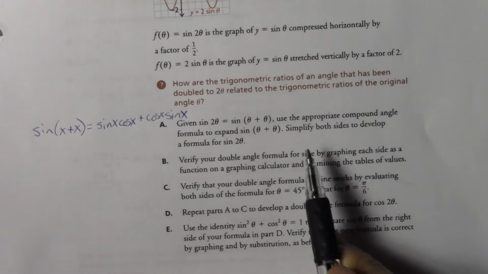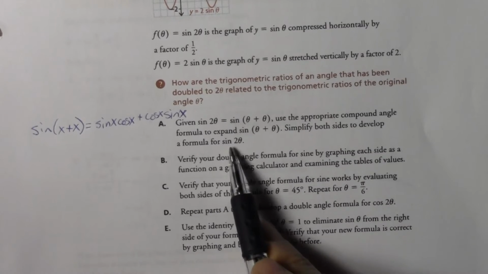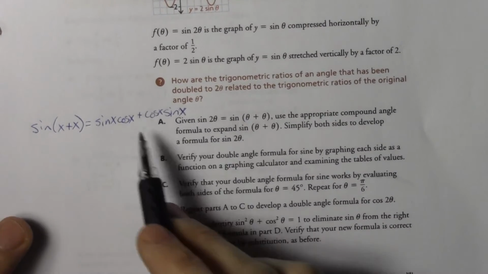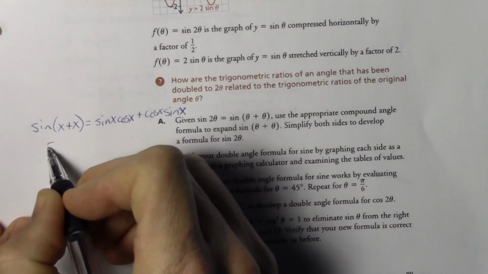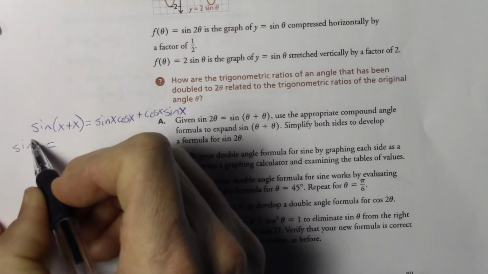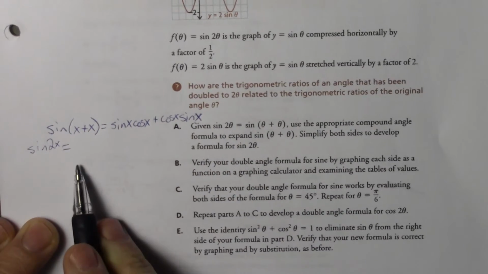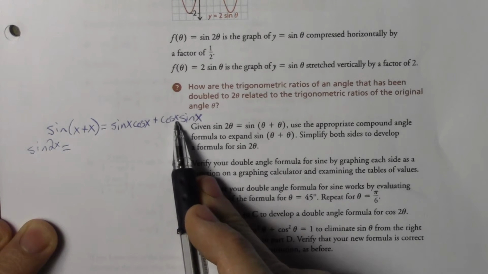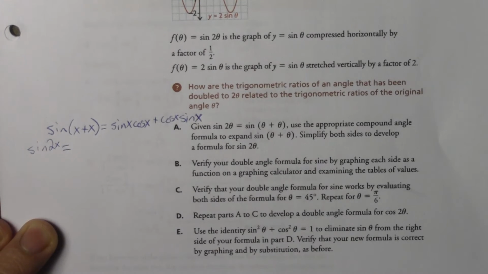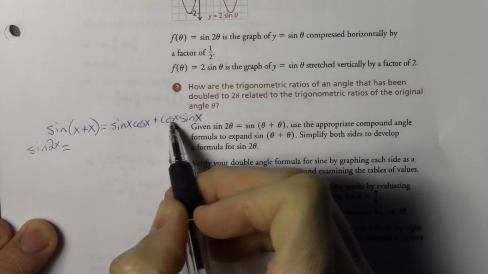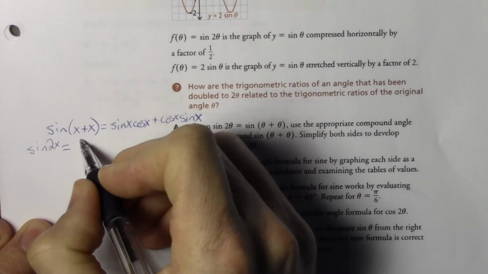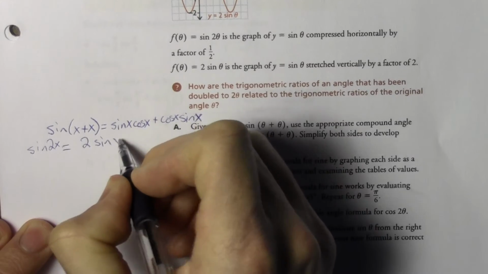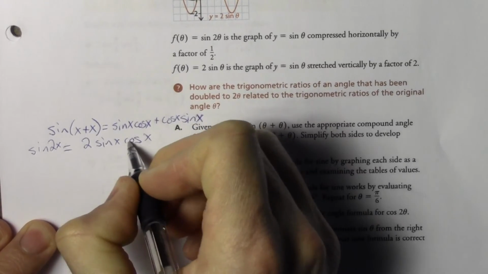All right, simplify both sides to develop a formula for sine 2x. So if I simplify the left-hand side here, this is obviously sine 2x, just adding those two x's. Now sine x cos x plus cos x sine x. These, of course, are the same, right? So we get 2 sine x cos x, right?